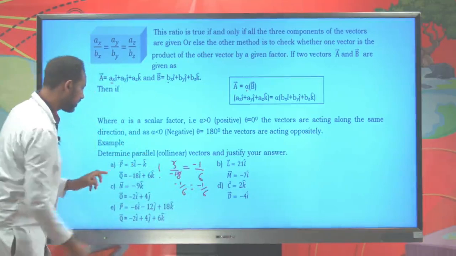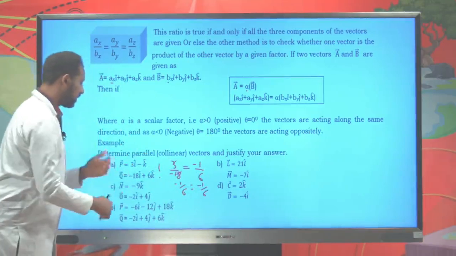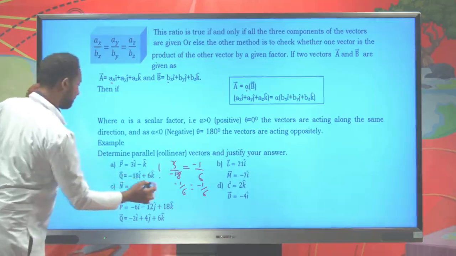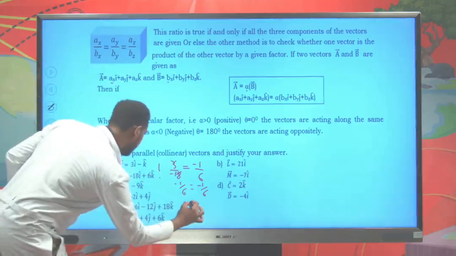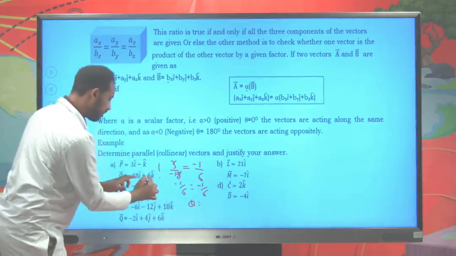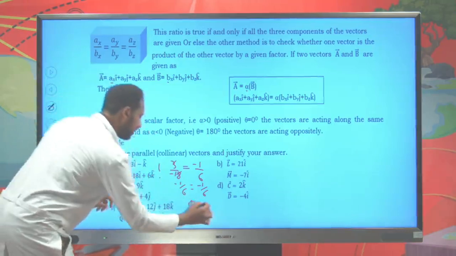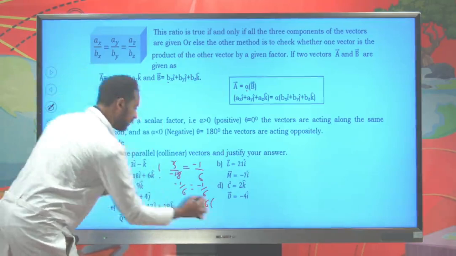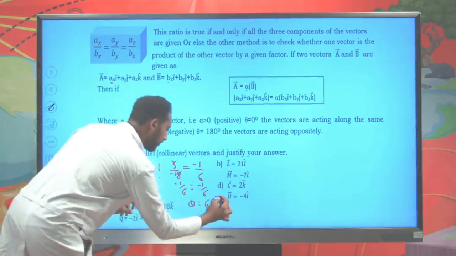Or it's possible to say that vector q, which is minus 18 in the i plus 6 in the k, can be given as 6 times vector p.